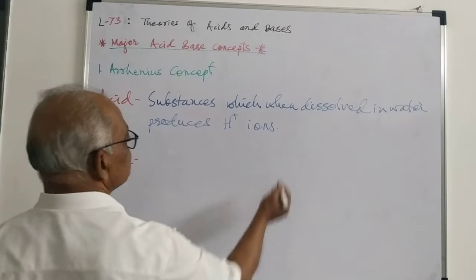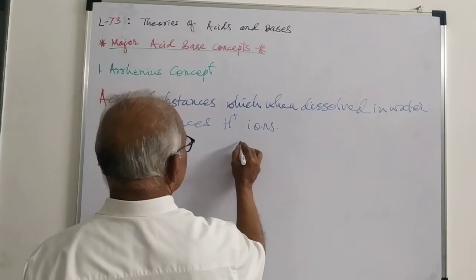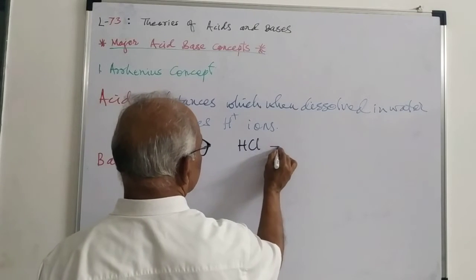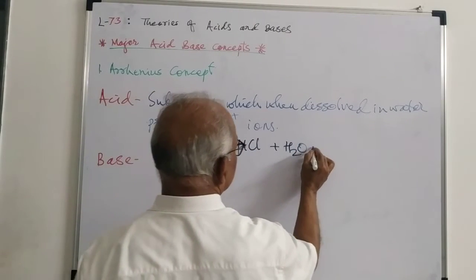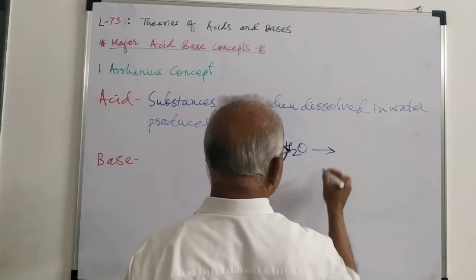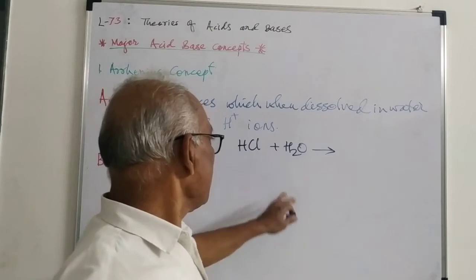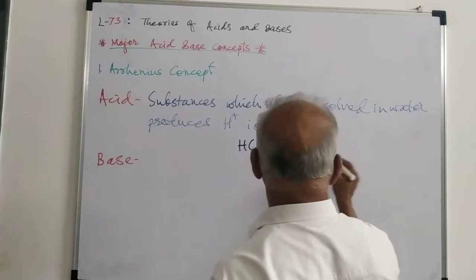Now we can see an example, like HCl. When HCl is dissolved in water, it produces H plus ions.